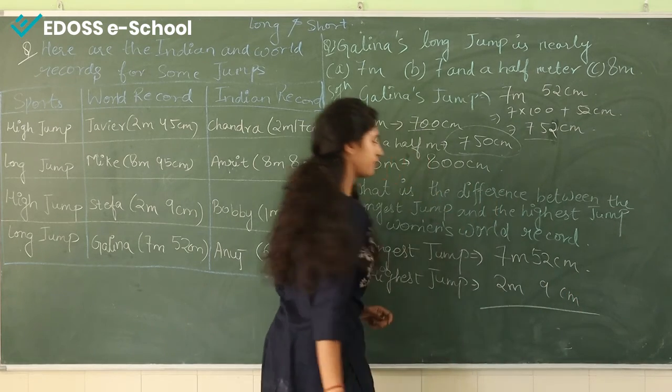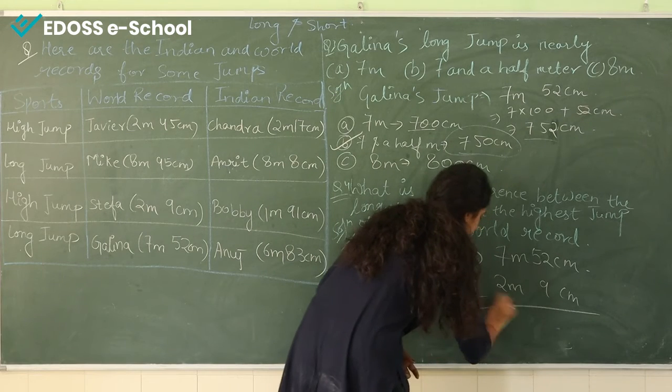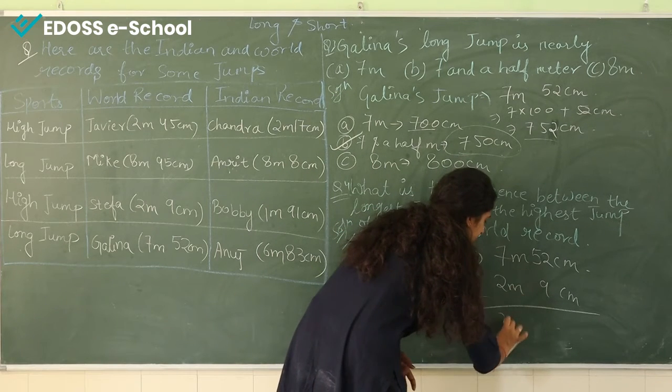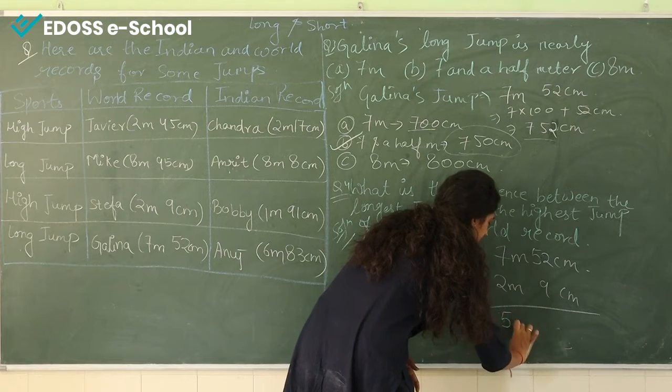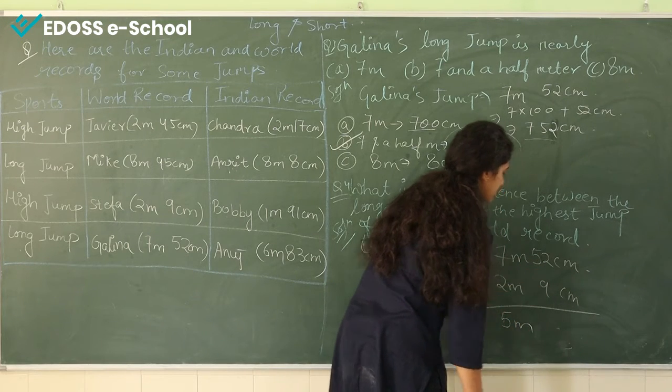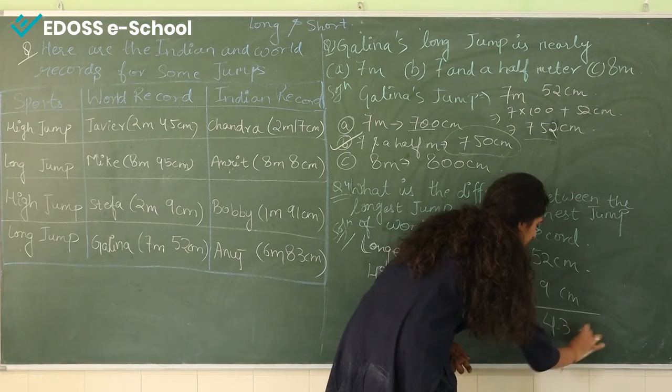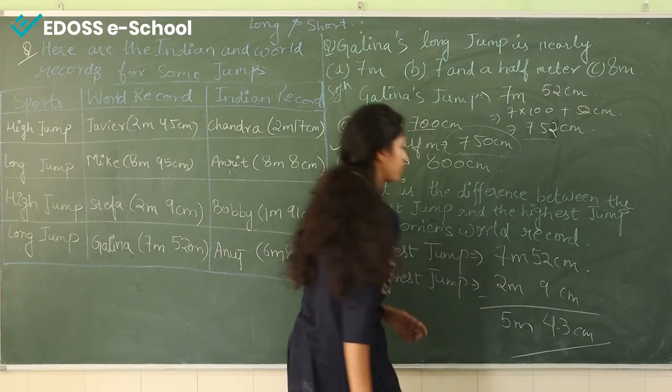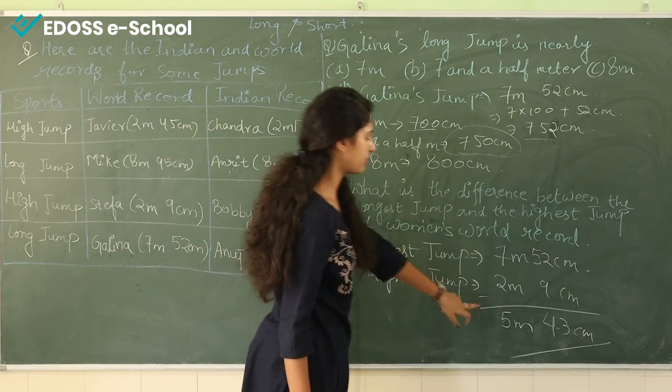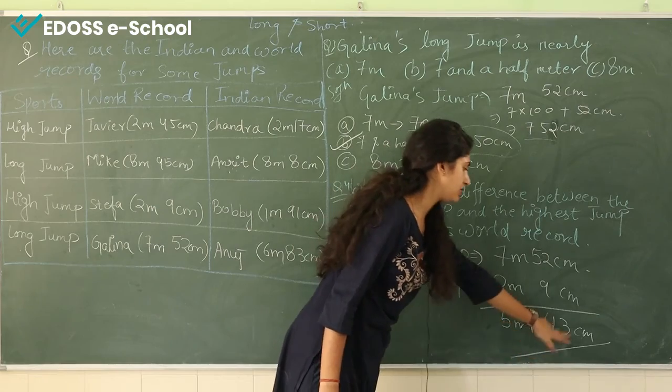So we have to find the difference. So now we'll subtract 7 meter minus 2 meters, 5 meters, and 52 minus 9 is equal to 43 centimeters. So the difference of the longest jump and the highest jump is 5 meter 43 centimeters.